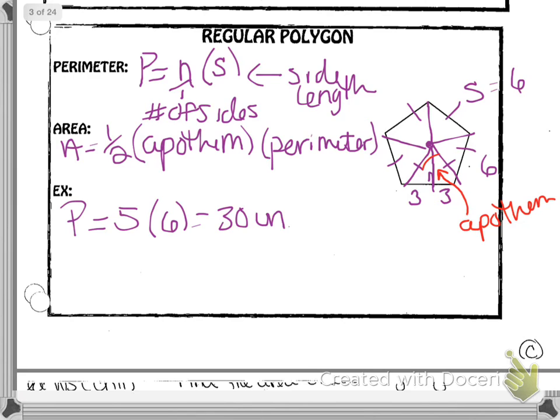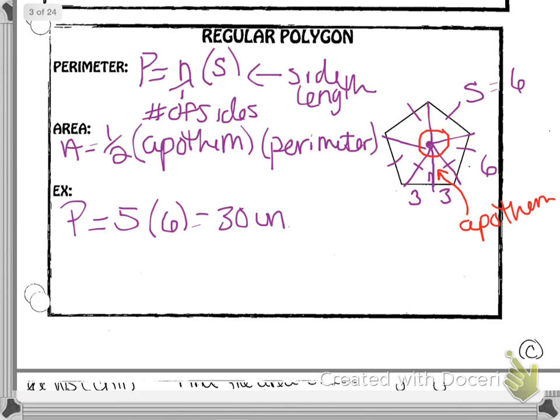That's my apothem, and the only thing that we know is that my side length is 6 and it was split in half, and we also know an angle or two because we can use the idea that inside of this polygon there's 360 degrees in the center.